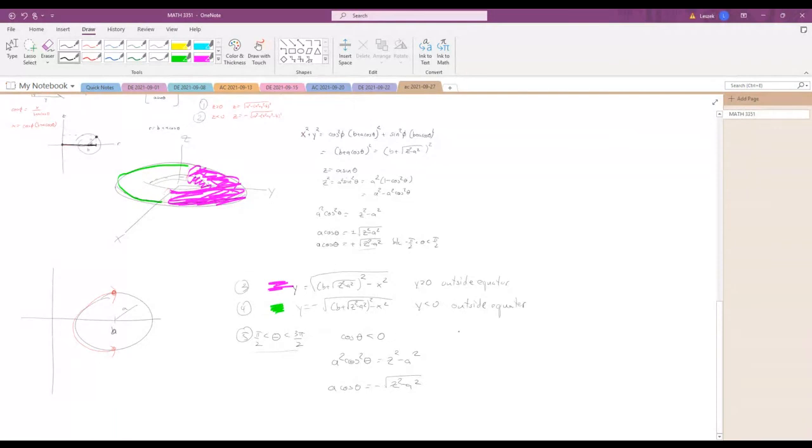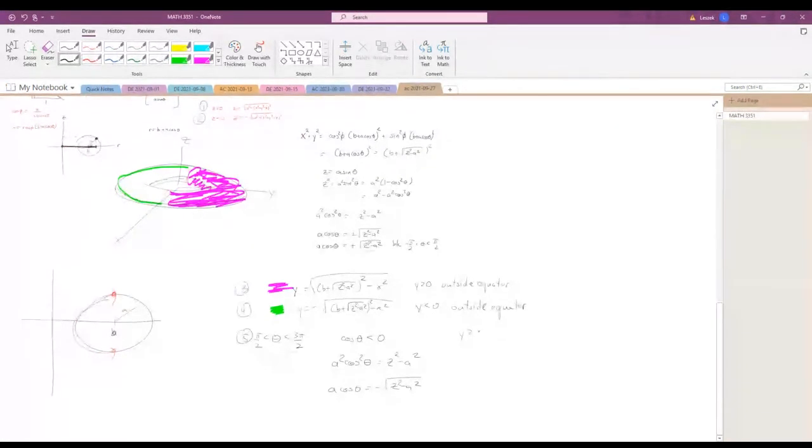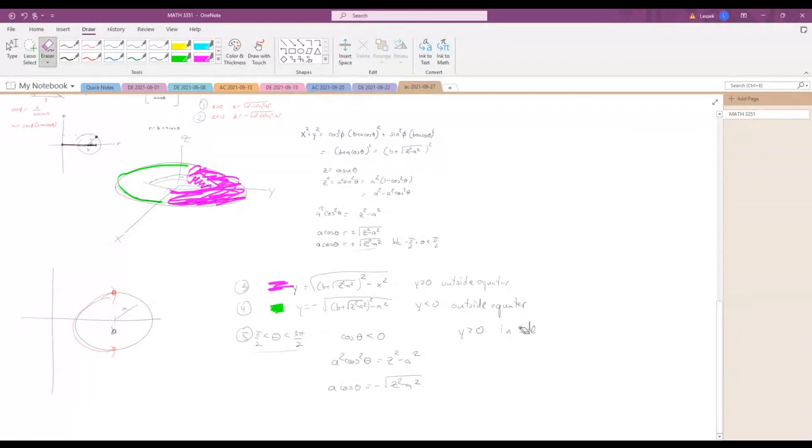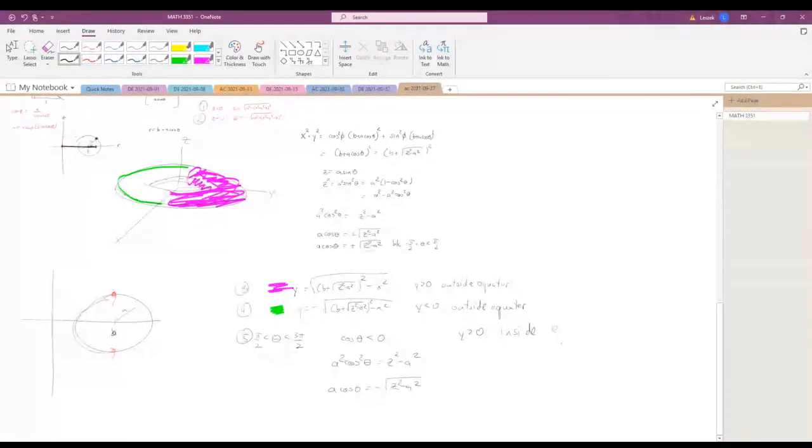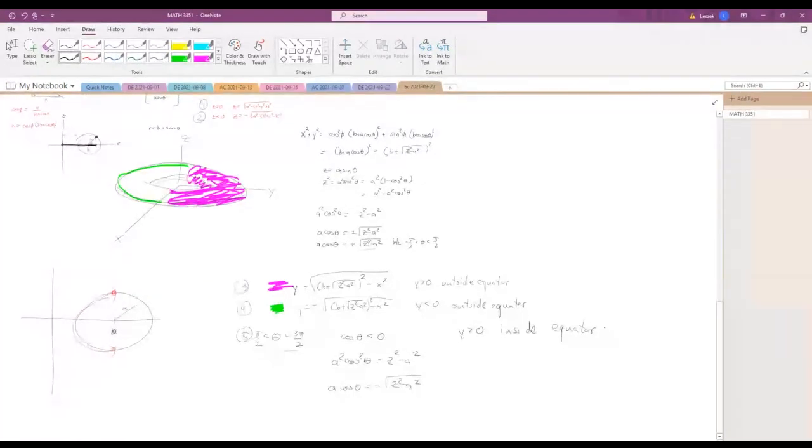So then this is going to be y is positive, but it's the inside equator. So that would be, let's see.